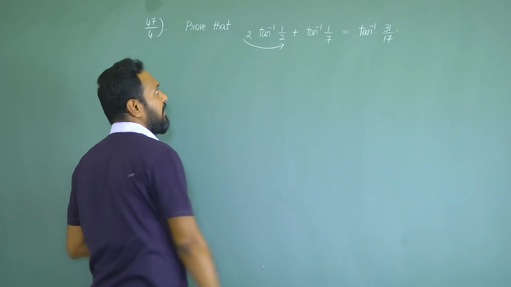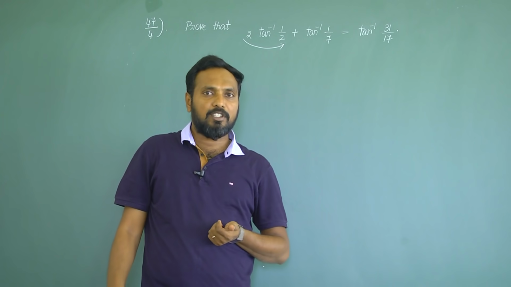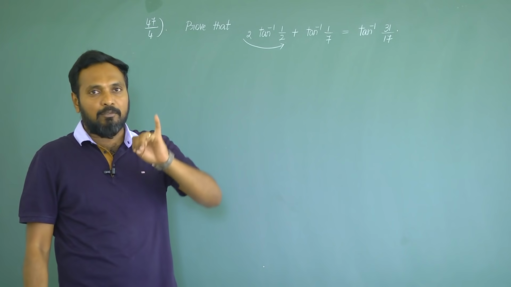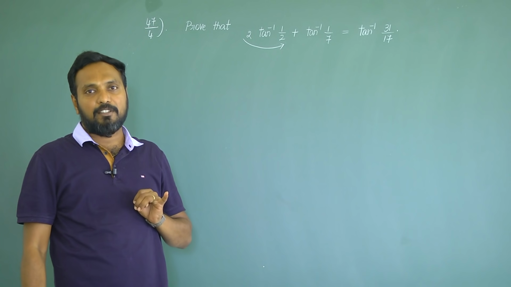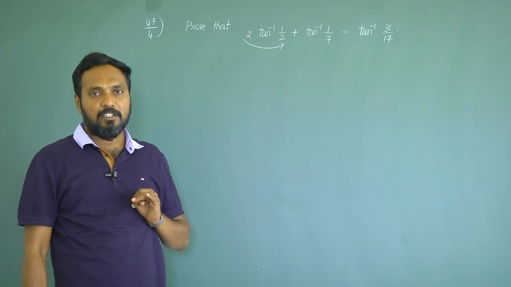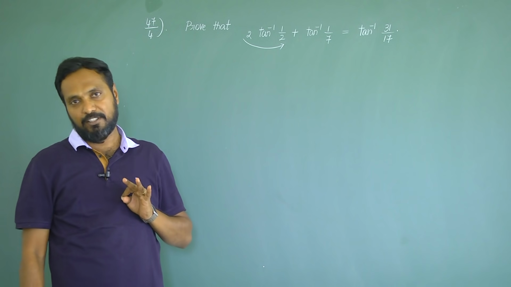2 tan inverse x form is there. What is the formula for 2 tan inverse x means 3 formulas you are having. Sin inverse of 2x by 1 plus x square, cos inverse of 1 minus x square by 1 plus x square, tan inverse of 2x by 1 minus x square.